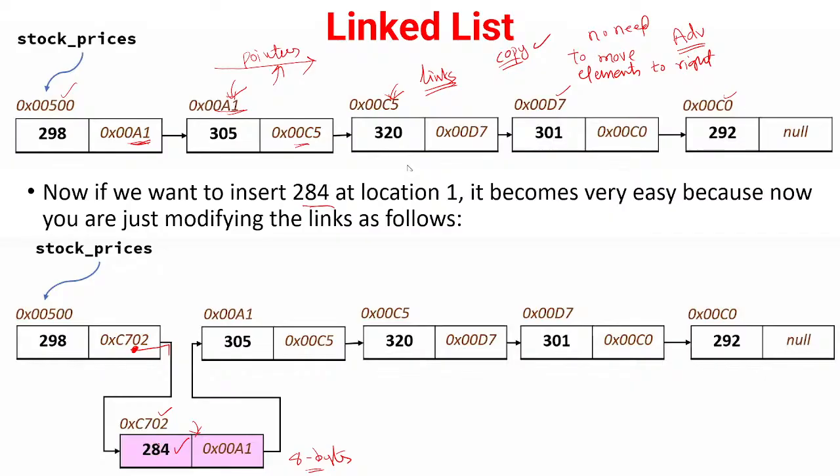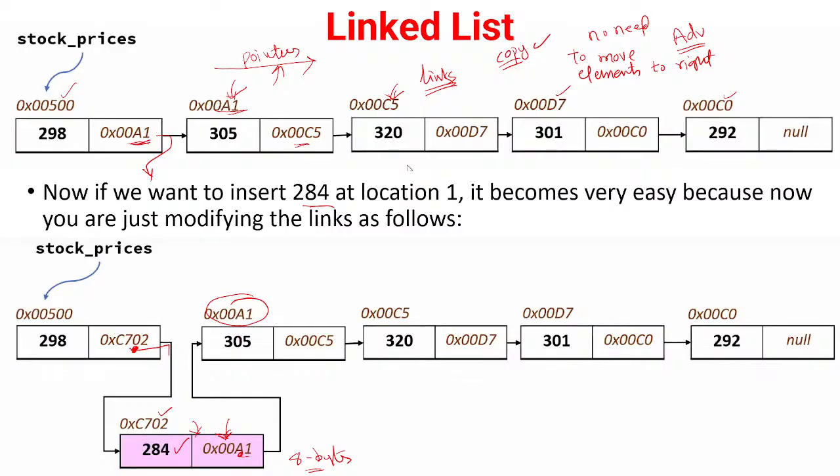Previously it was pointing to 305, now we made it point to 284. If this is the second element, then 305 should become the third element. That means in the next field of this node, we store this address, so the pointer here is pointing to this.